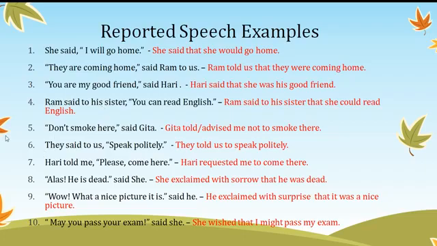Number 5, don't smoke here, said Gita. Look at it, don't smoke here. It starts with do, which is an auxiliary verb, but anyway it is a verb. But at last what is there? A full stop. Keep that in mind. I showed you that it starts from a verb and ends with a full stop.